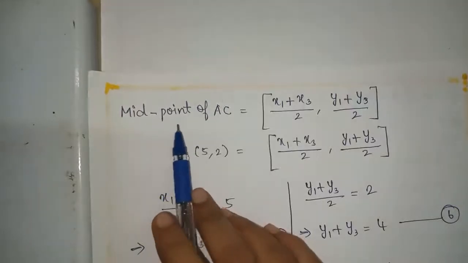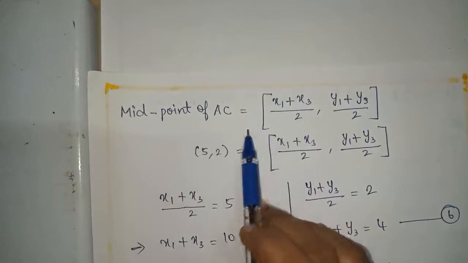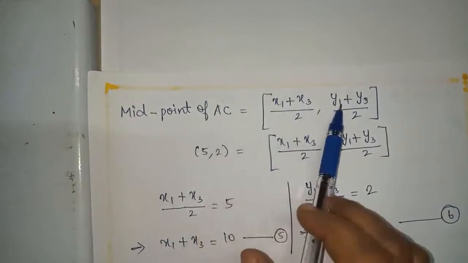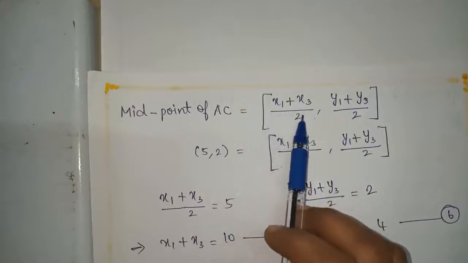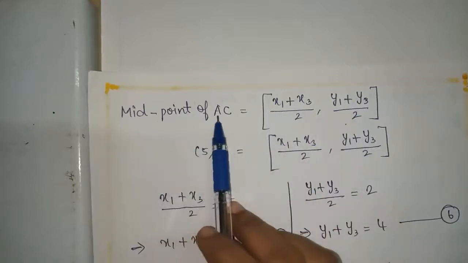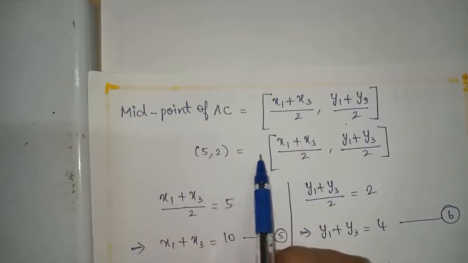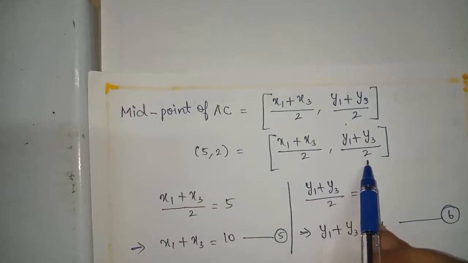Similarly, we find the midpoint of AC, which is (x1 plus x3)/2, because A coordinate is (x1, y1) and C coordinate is (x3, y3). So (x1 plus x3)/2, (y1 plus y3)/2. Midpoint of AC is (5, 2), which is equal to (x1 plus x3)/2, (y1 plus y3)/2.